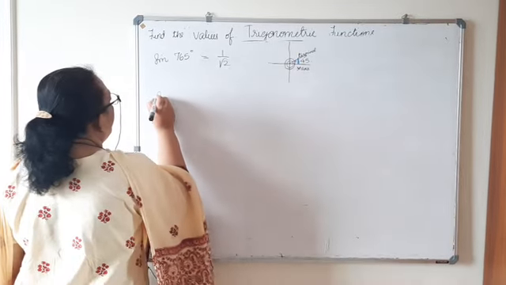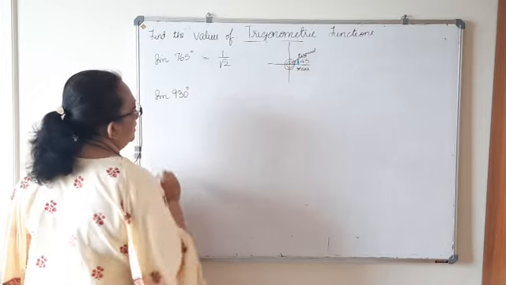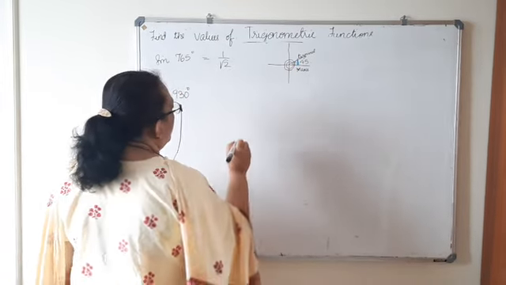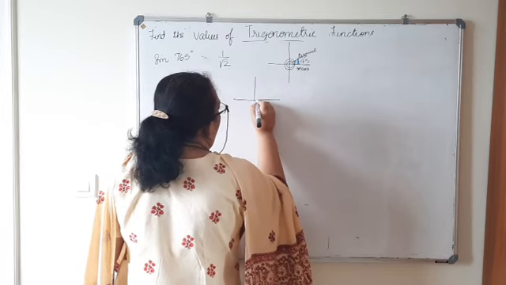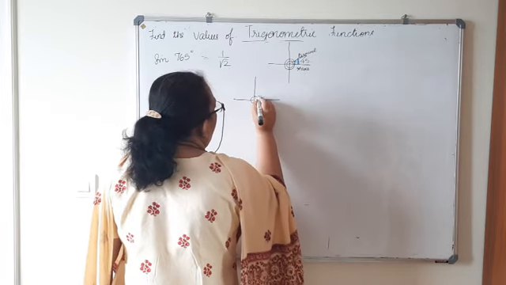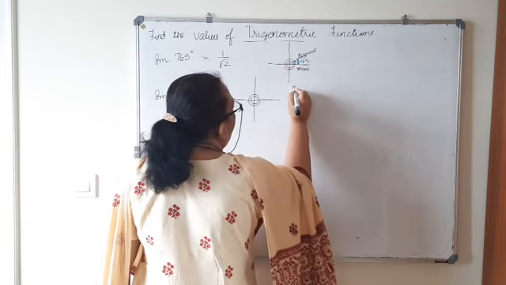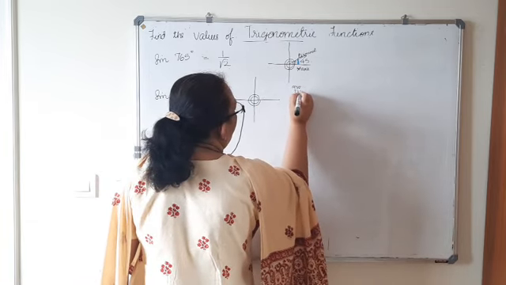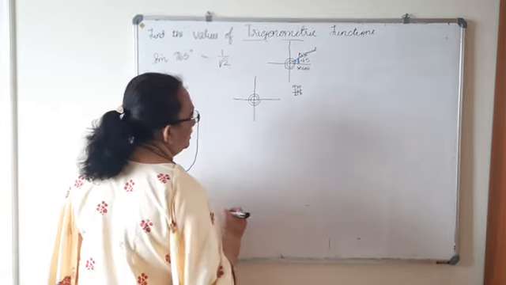Sine 930 degrees. So what you will do is 360, 720. 930 minus 720 is equal to 210 degrees.